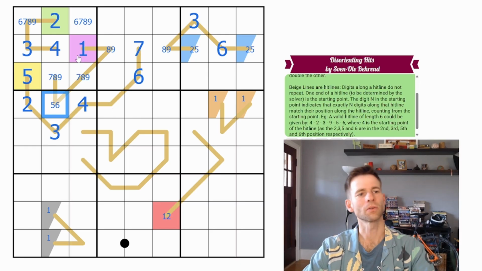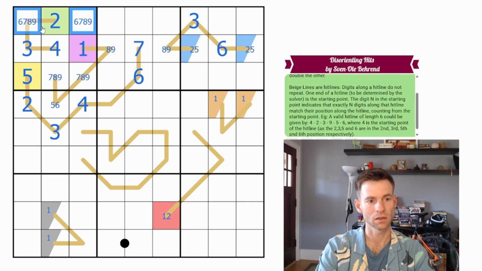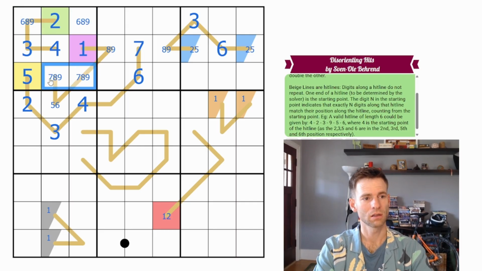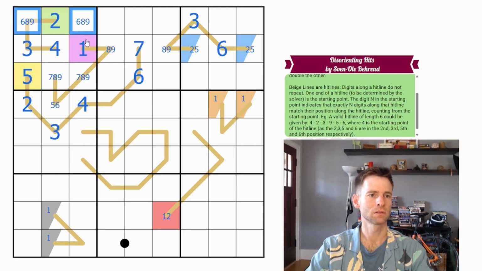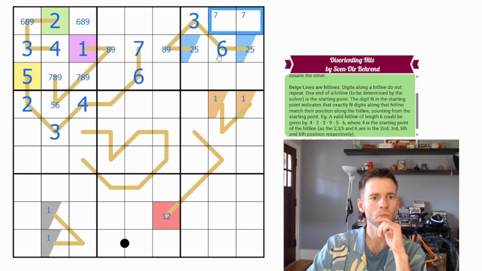That's interesting. Also, it means that there's a 7 in here, so there's no 7 in here, because there has to be one in here. There is a 6 in here. 7's there, 7's there, so there's a 7 up here in box 3.